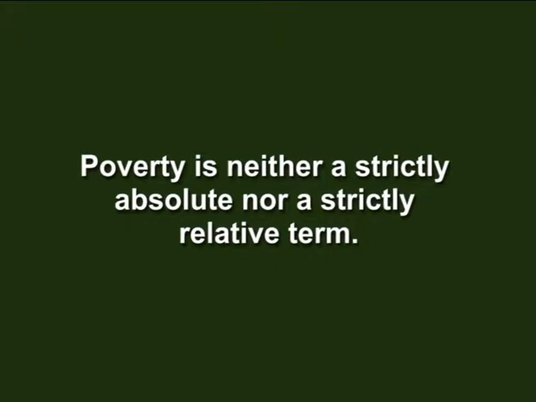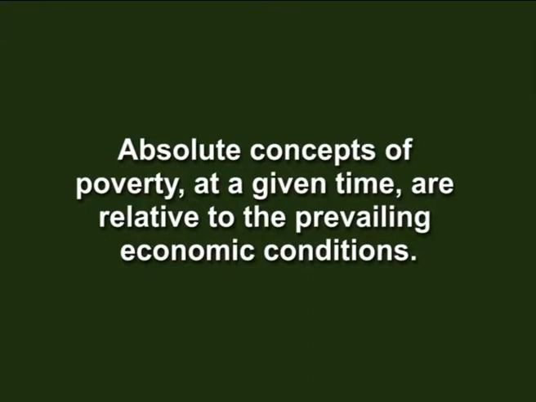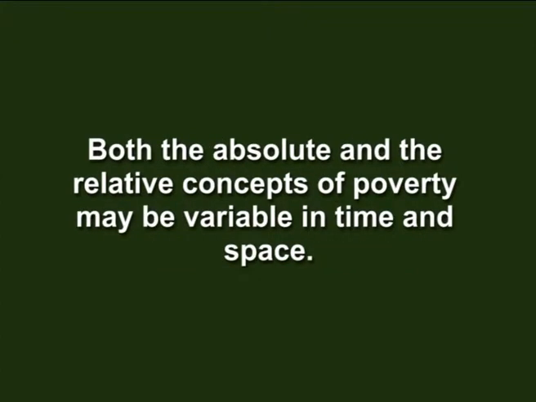Poverty is neither strictly absolute nor strictly relative. Absolute poverty concepts could also be adjusted for variability over space when comparing poverty across countries. Absolute concepts of poverty at a given time are relative to the prevailing economic conditions. Both the absolute and the relative concepts of poverty may be variable in time and space.